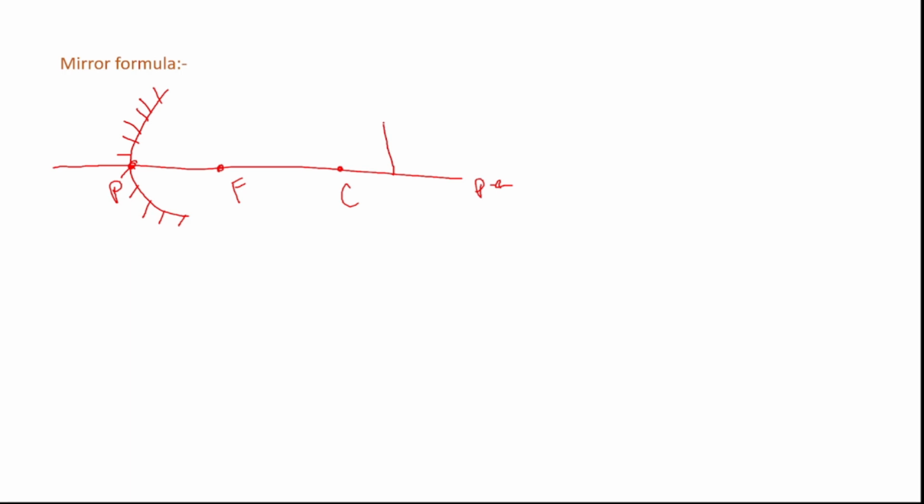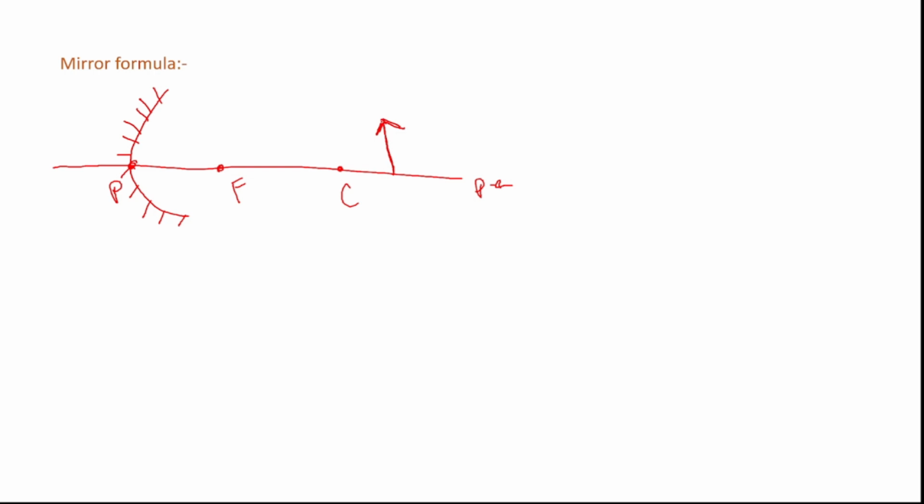Now, let us draw a concave mirror. Let us draw a ray diagram. This is the principal axis, this is the pole, this is the focus, this is the center of curvature. Now we are placing an object beyond the center of curvature. Just now we learned the characteristics of the image formed when we place an object beyond C, right?